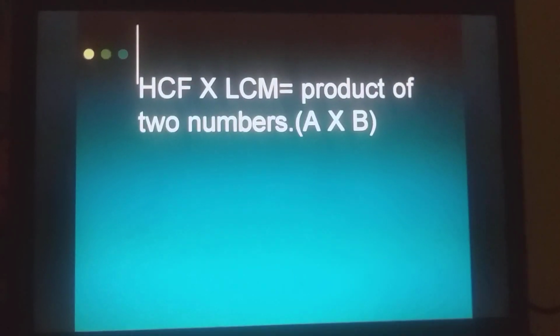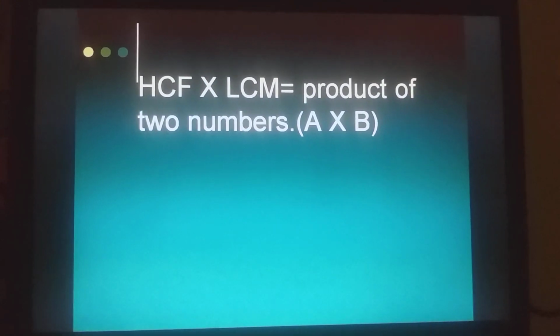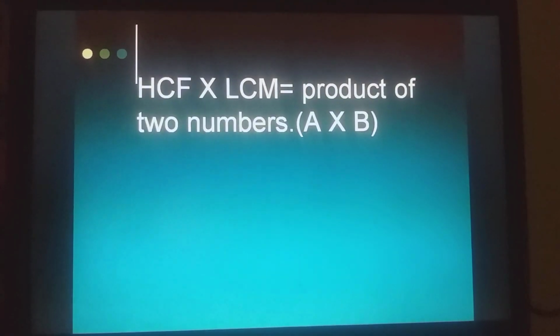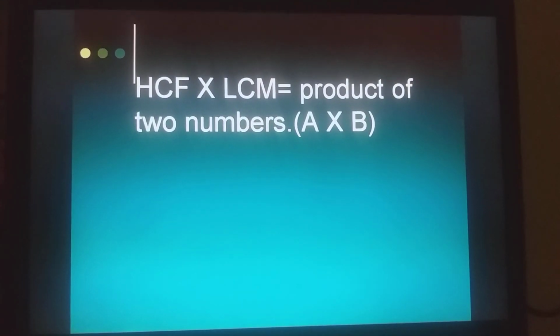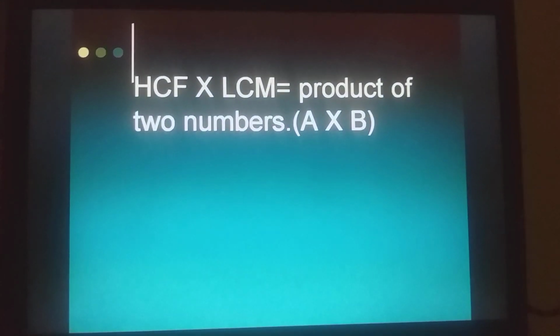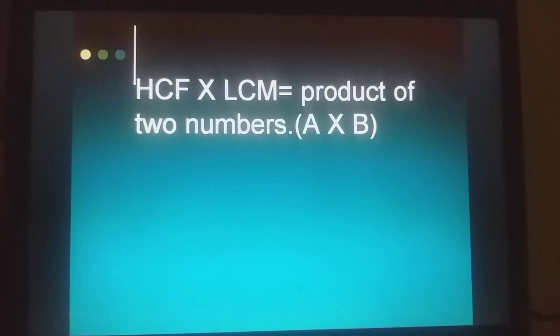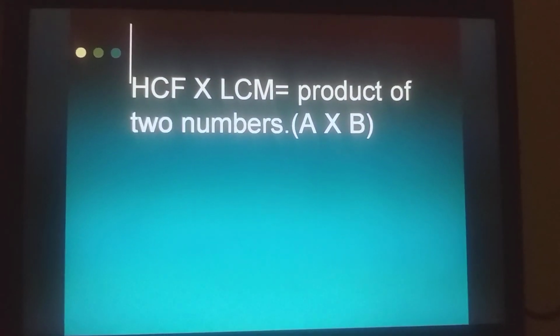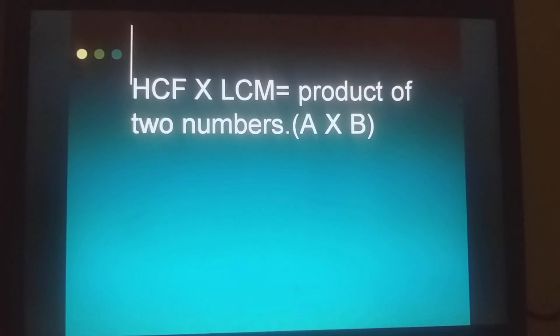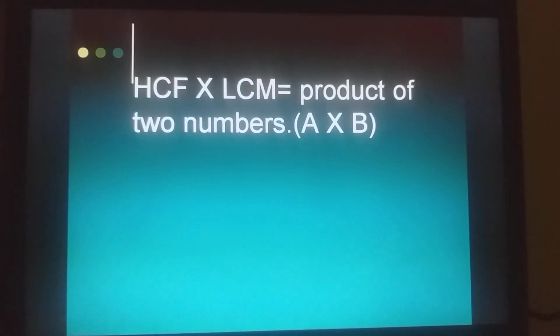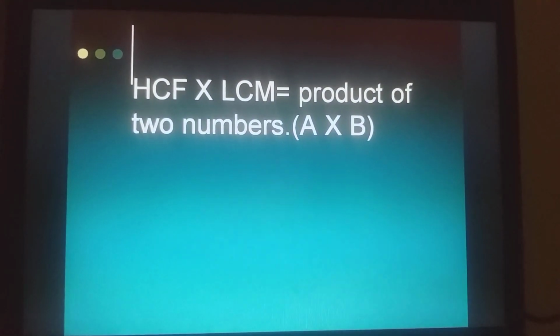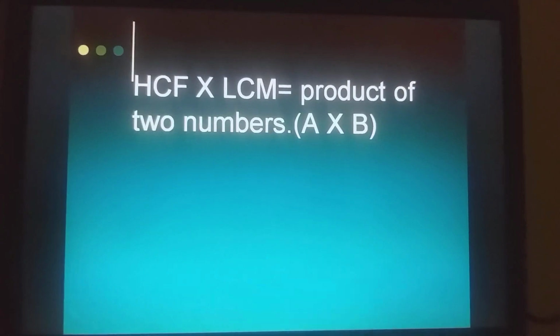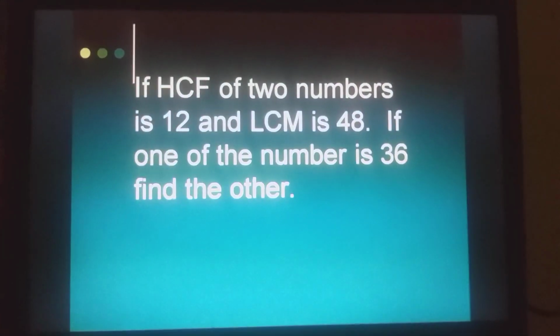Let us see what is the relationship between HCF and LCM. HCF into LCM is equal to product of two numbers. Let us consider two numbers over here, that is A and B. Their HCF into LCM will be equal to product of the two numbers. Let us understand this by two examples.